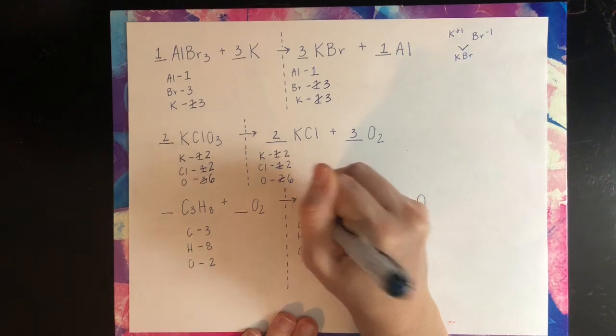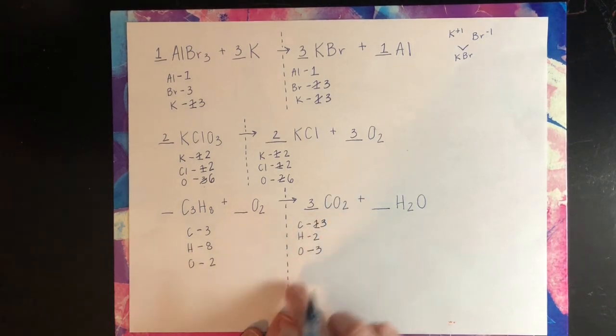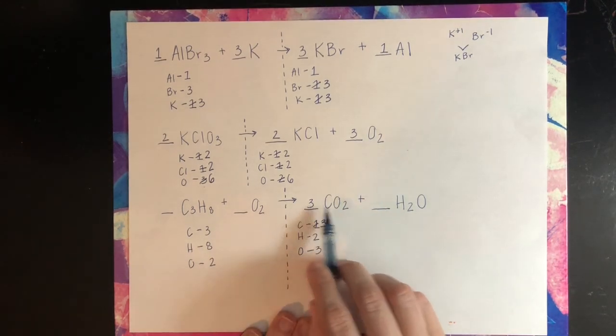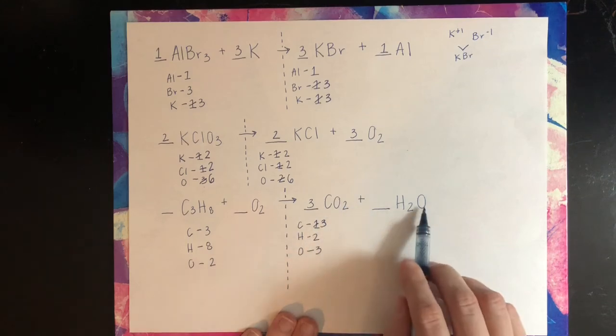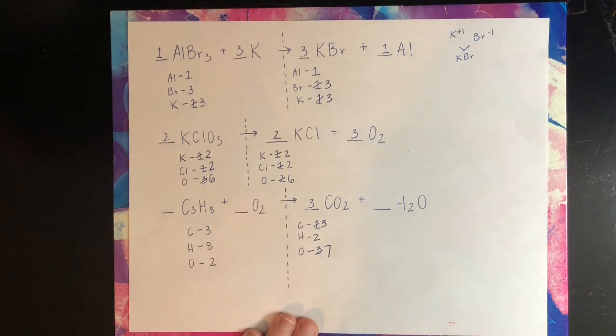So if I put a coefficient of 3 in front of that carbon dioxide molecule, then now I have 3 carbons. But I also changed my amount of oxygens by doing that, since that molecule has both carbon and oxygen. So now I have 3 times 2, 6 oxygens, plus this one, don't forget about that guy, so that is 7 oxygens.